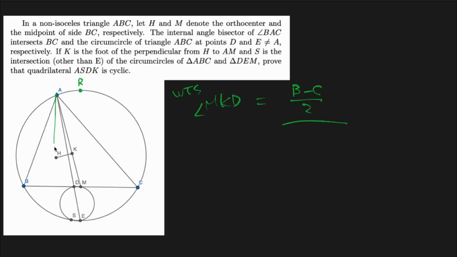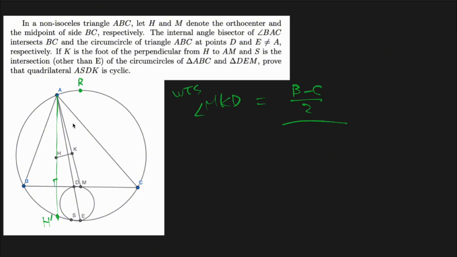Well, so why not employ that idea? Let's say I reflect H over this, then all these should be perpendicular. And then let's call this new point H prime. And how about let's just reflect everything over BC? Well, M still stays on BC and D also still stays on BC, but what is K now?